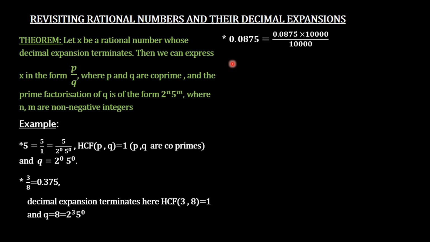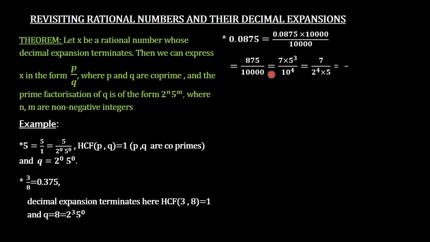Similarly we do it like this. Then this is 875 by 10,000. But we need to express it with p and q coprime, that is, the common factor between p and q equal to 1. So let us check whether we can express it or not. It is 875 by 10,000.